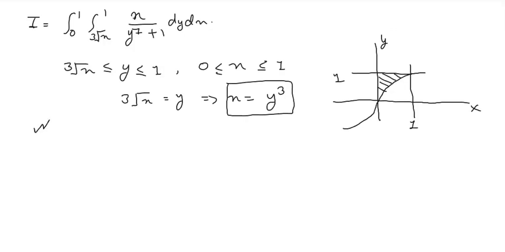Now the limits: 0 is less than equal to x and x is less than equal to y cube, and 0 is less than equal to y and less than equal to 1.